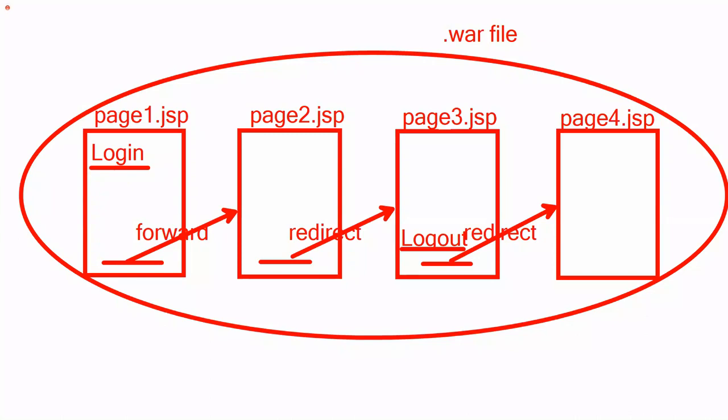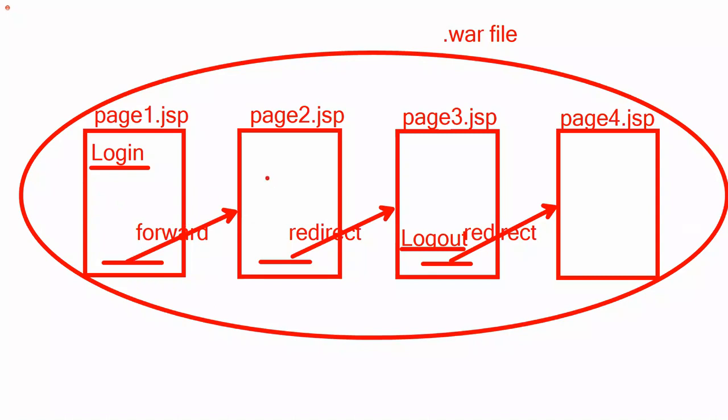Book1. What is the scope of book1? Page scope. That means only page1.jsp can access. In the next page, not possible to access. Book2. What is the scope? Request scope. As long as the request is available. Now here, forward, same request passed, no?